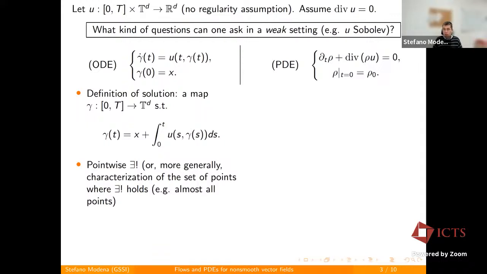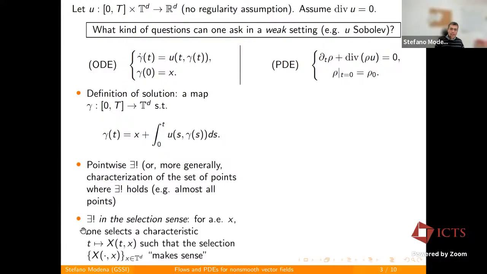It's a natural question that you can ask in a weak setting. But then there is a different kind of question that one can ask, a more sophisticated one. It's the following, what we can call the existence and uniqueness question in the selection sense, which means let's forget about existence and uniqueness pointwise. So we don't care whether for almost every point there exists a unique solution to this ODE.